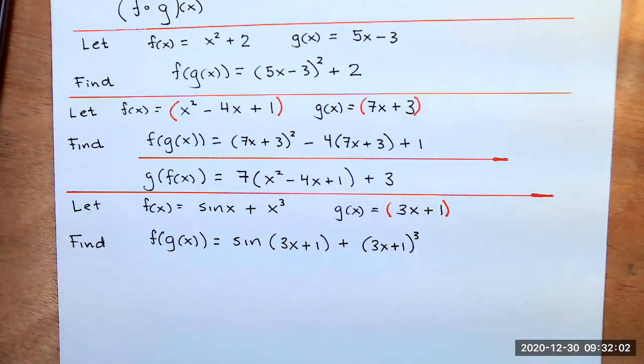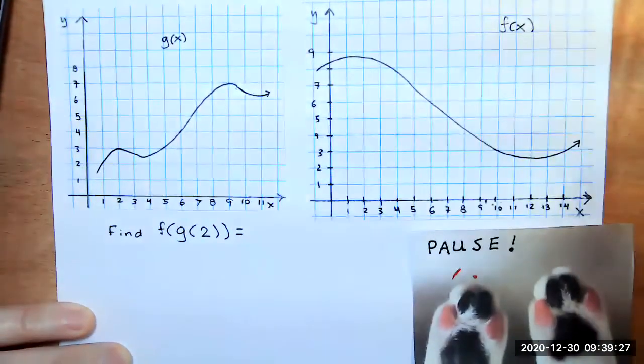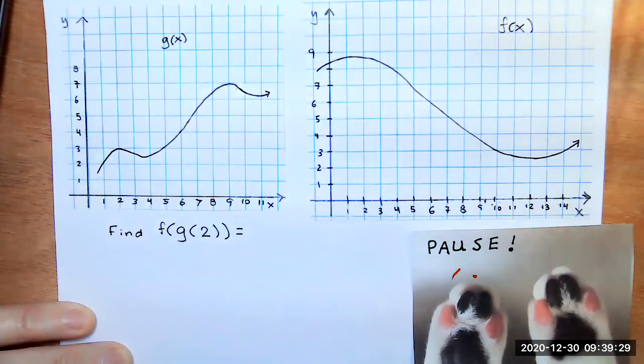All right, let's try composition of functions using graphs. Using the graphs, can you find f of g of 2? The graph on the left is g of x. The graph on the right is f of x. I would hit pause and try that one on your own.